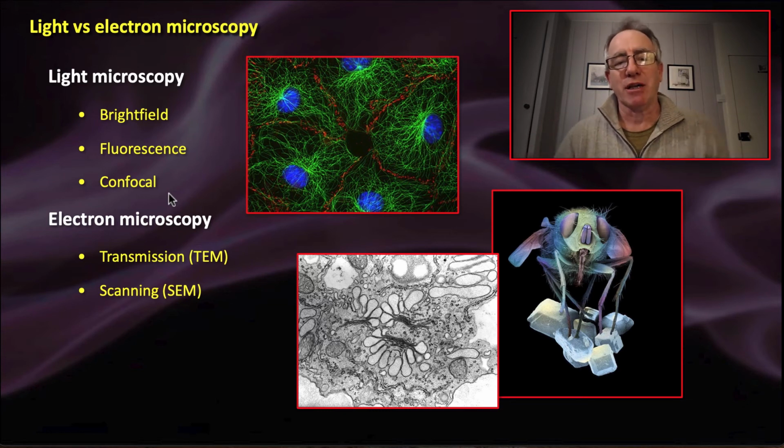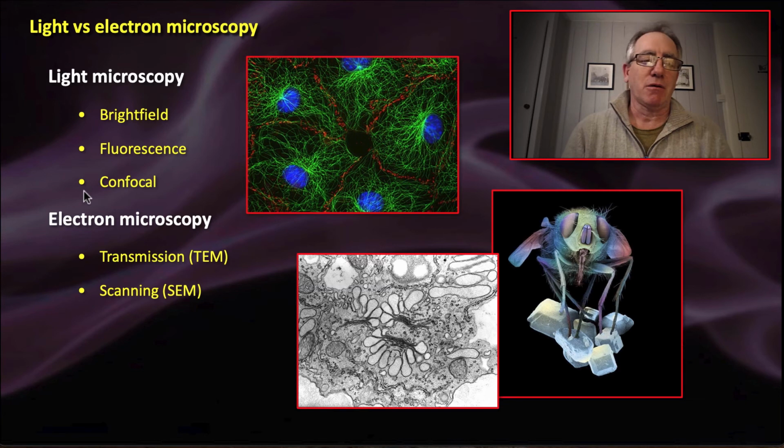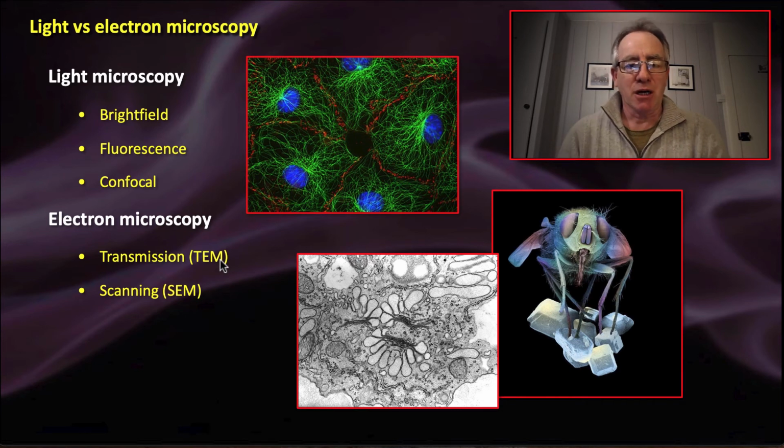By the way, in the Center for Bioimaging, they're divided in different rooms. I spend a lot of my time in the light microscopy suite. I don't very often get across the hallway to the electron microscope room anymore, but I started out my career as an electron microscopist. And there are two different flavors of electron microscopy, if you will. Transmission electron microscopy, there's an image there generated with a TEM.